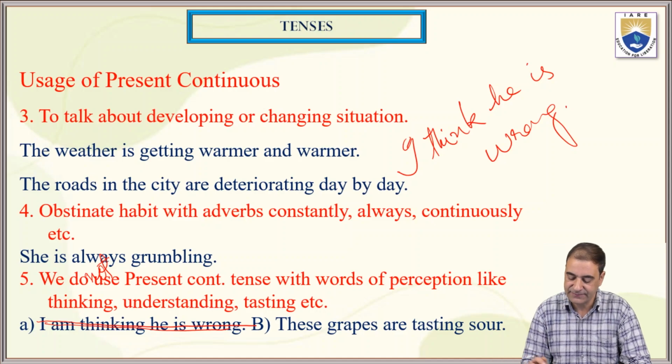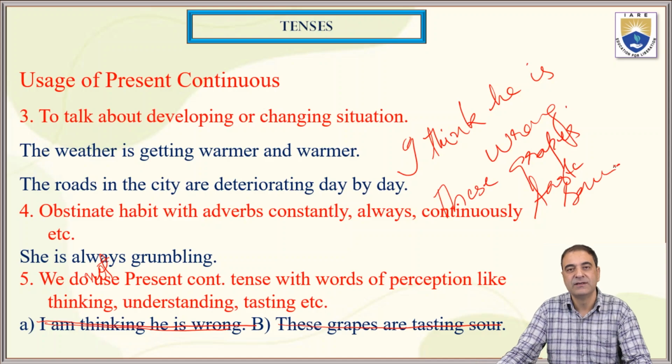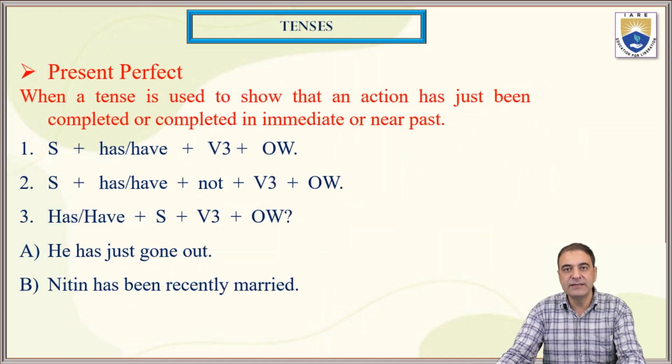The second sentence, these grapes are tasting sour. If you look at the sentence again, it's wrong. The right form is these grapes taste sour. This is the correct form. Okay, the next one is the present perfect tense.